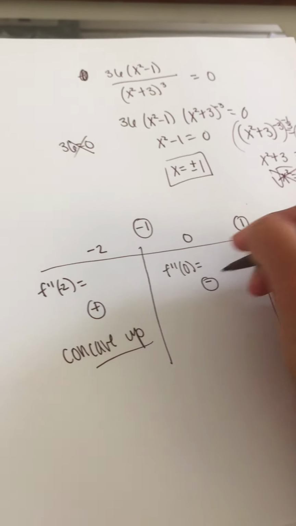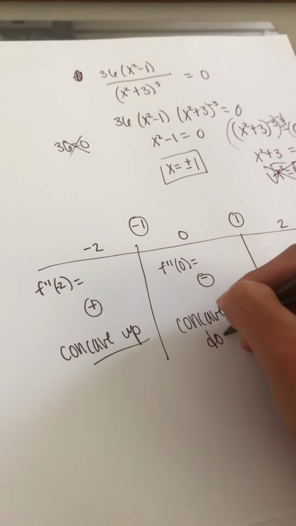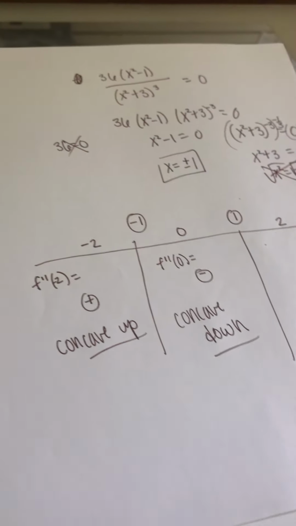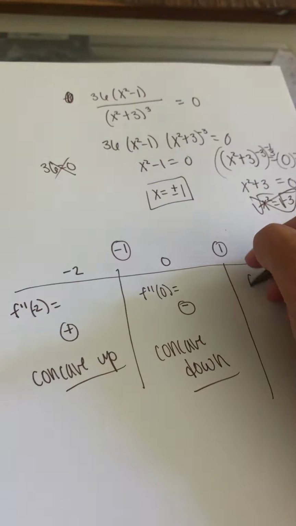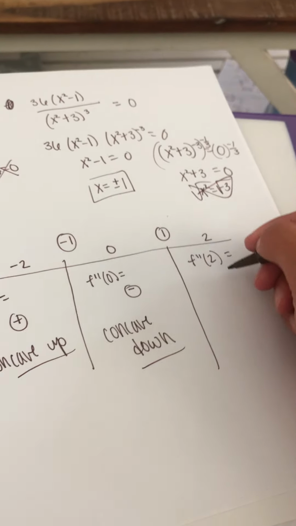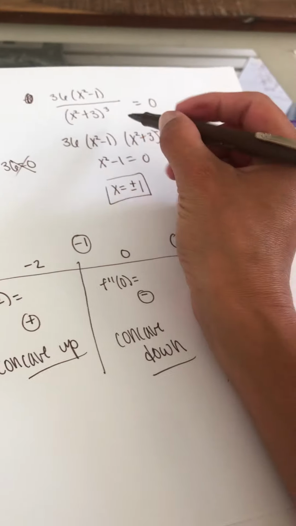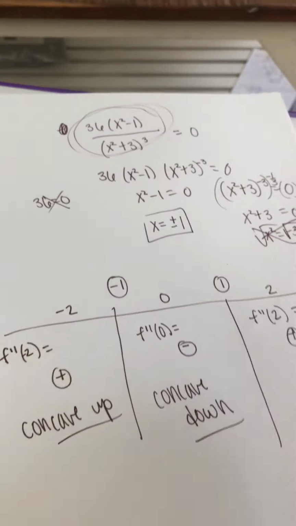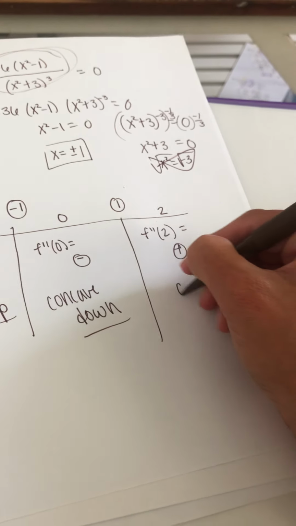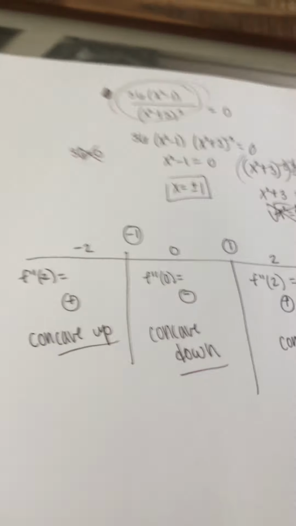I get a negative number, so that means it is concave down. If I plug in 2 to the second derivative, I get a positive number. You can do this on your own. We are plugging into our second derivative right there, okay? Which means concave up.